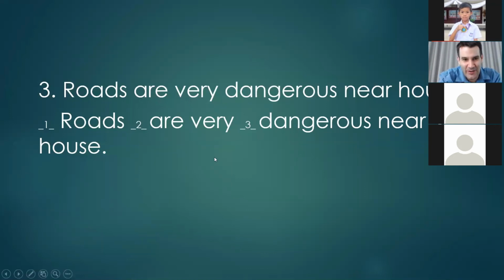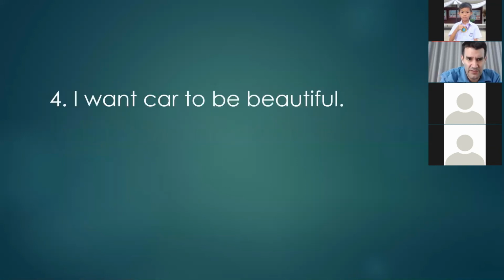I see many of you are correct. Yes, number 4. Maybe the roads are very dangerous near my house, near your house. Because people do not own roads. So you cannot say it belongs to you. It belongs to everybody. It's the city's road.